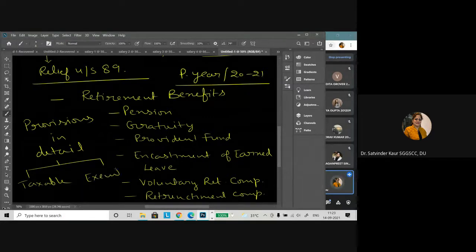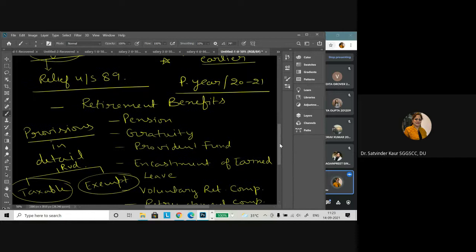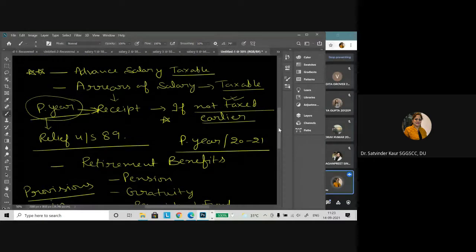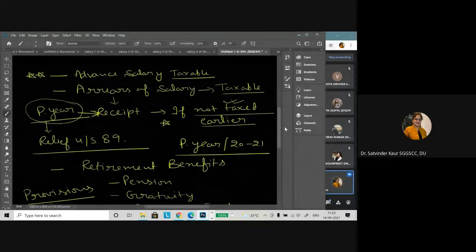So whatever amount is being received, उस received amount में से कितना portion taxable होगा और कितना portion exempt होगा, for that we have to learn the provisions. So in the retirement benefits, in this particular category, the basic salary and all these items come, and I'll be sharing one picture with you with respect to the same.